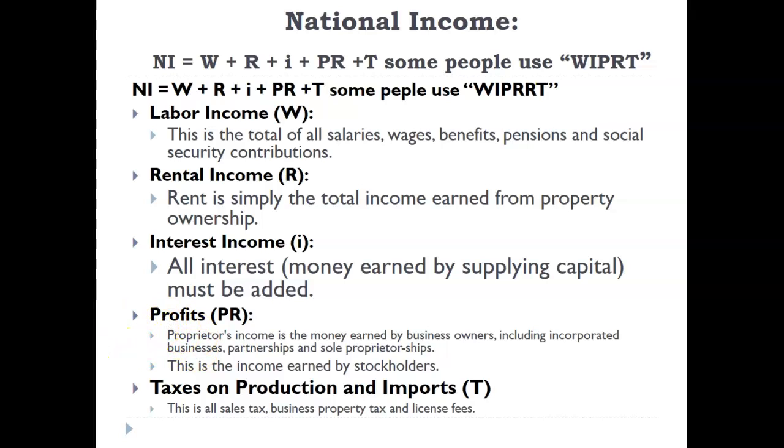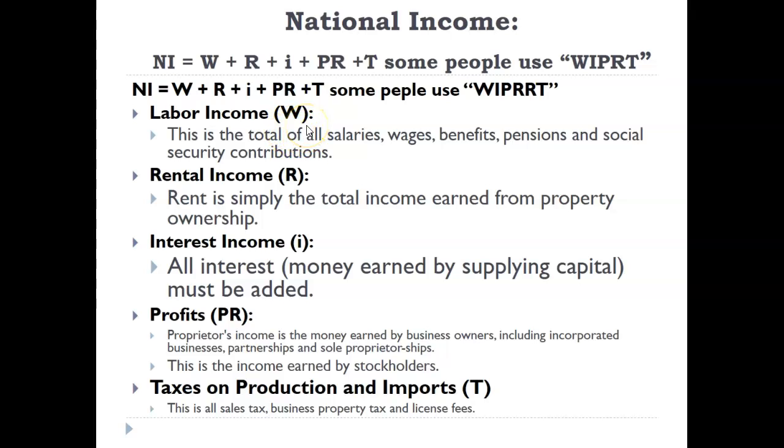And the last one is, how about government? So for government, this is the sales tax and business property taxes and license fees. So that's one we're going to include. What about personal income taxes? That's like the biggest portion of the taxes. Well, this is where it's a big distinction. The wages are pre-tax. We would call this personal income, not disposable income. So this is going to be the gross income, meaning pre-tax dollars.